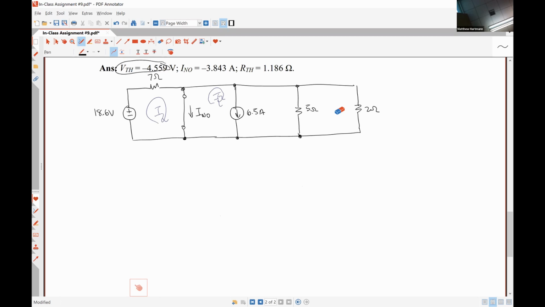So no current is going to flow through this 5 ohm resistor, and no current will flow through this 2 ohm resistor. All the current will flow through the short circuit. So we could just as easily analyze this and we would get the correct result.